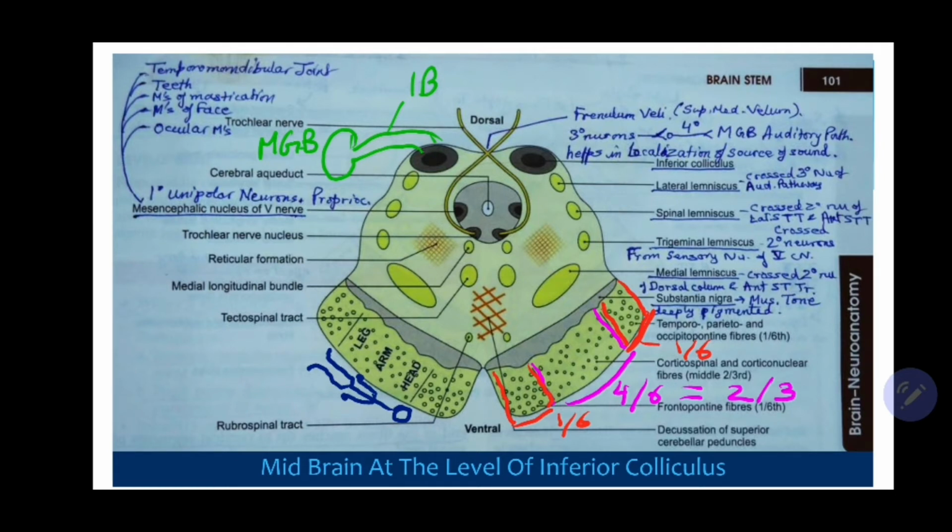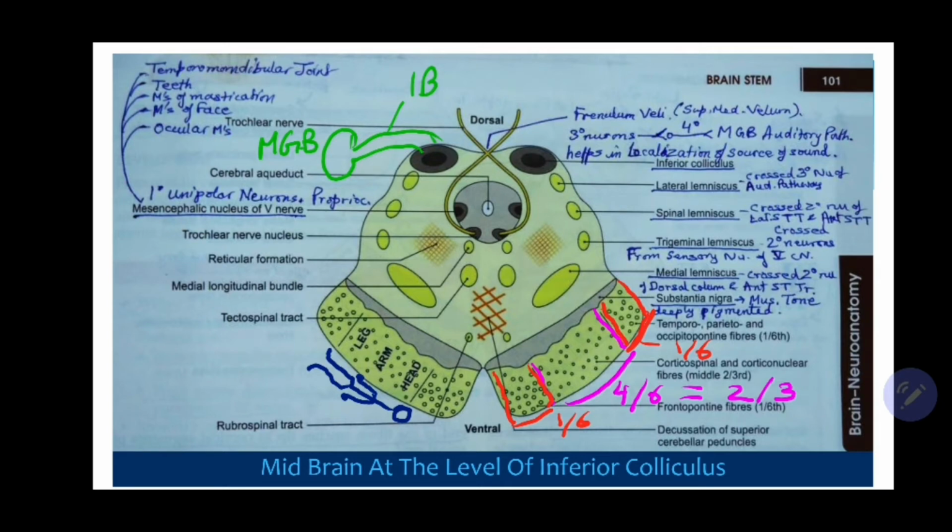Then if you see in the upper portion of this transverse section at the superior colliculus, you will find a nucleus anterior to the superior colliculus on both sides, that's called the pretectal nucleus, which you're not seeing here. So fibers from that pretectal nucleus will decussate at the upper segment and descend down to the spinal segments of the spinal cord.